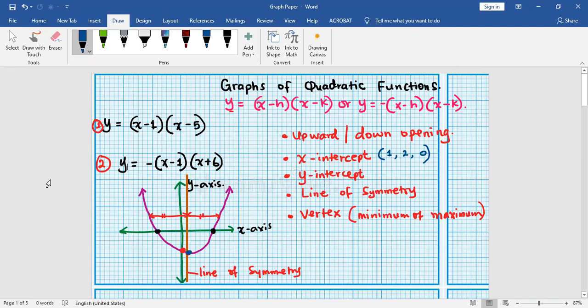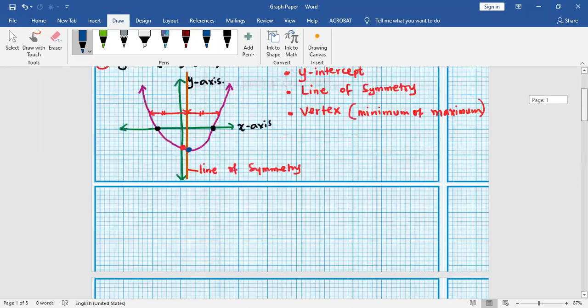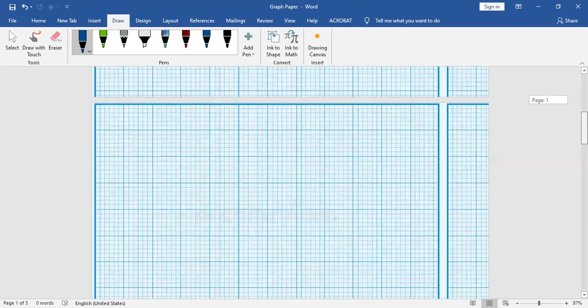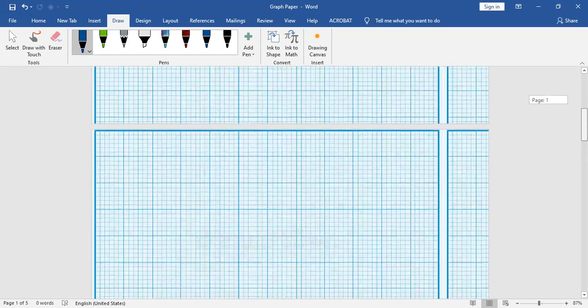Now this one we say that it is upward opening. Now let's get an example. Then I will let you also do the exercise 3B, page 124 and page 125, those 2 numbers. I'll give you a try here, then you will be able to answer by yourself.